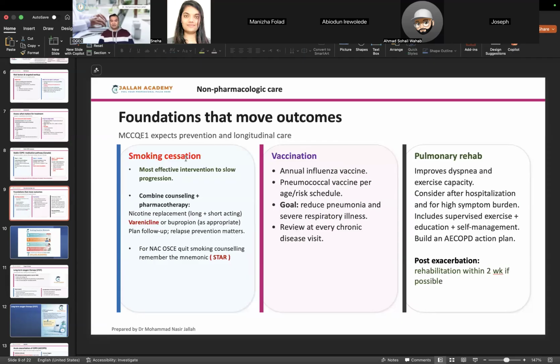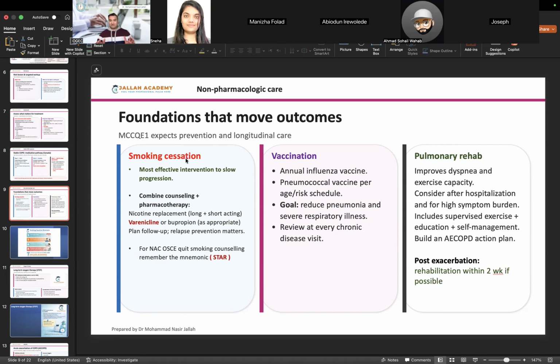Combine counseling plus pharmacotherapy. Remember, if the patient has already tried smoking cessation so many times and has failed, which in most cases, the patient with COPD or any other health condition will come and complain that they have already tried quitting but failed miserably.